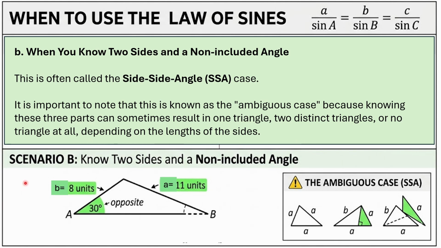So this is an example of the given side-side-angle case, which is scenario B, know two sides and a non-included angle. In this triangle, one angle is given and we have two sides given.